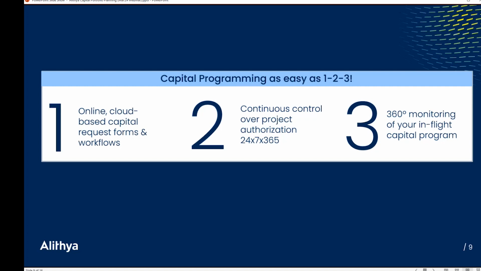So we have a process to convert in your existing capital program, as well as integrate with your procure to pay system. So you get that 360 view of what's been budgeted, where are you from a purchase order commitment perspective, what's been spent from an expense perspective, and what do you have left to go on your different projects, and be able to look at that from one pane of glass.